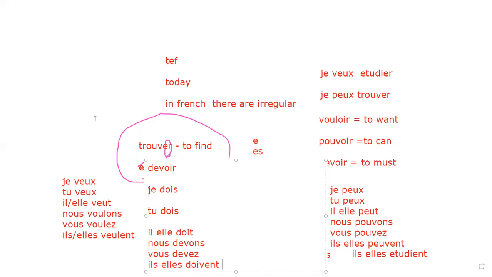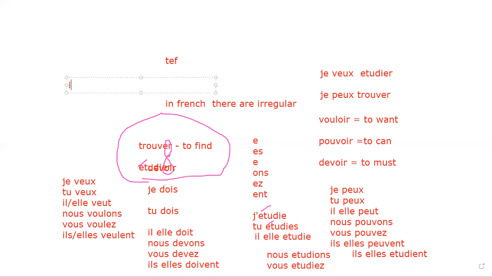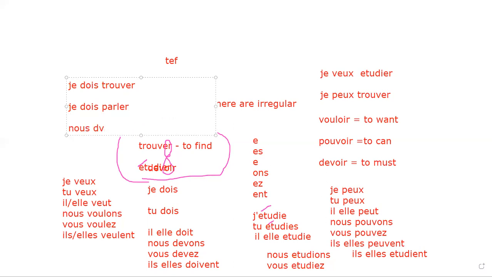Now, for example, you will say, I must find. Je dois trouver. If you say, I must speak, je dois parler. If you say, we must speak, nous devons parler. That is how we can pick the pattern now.